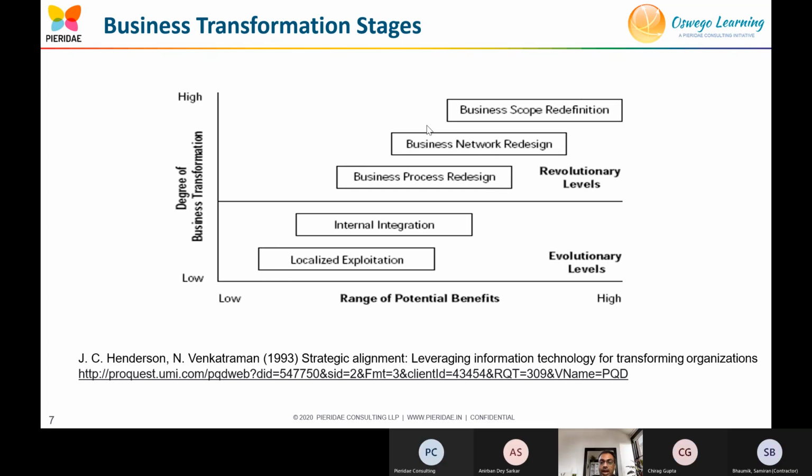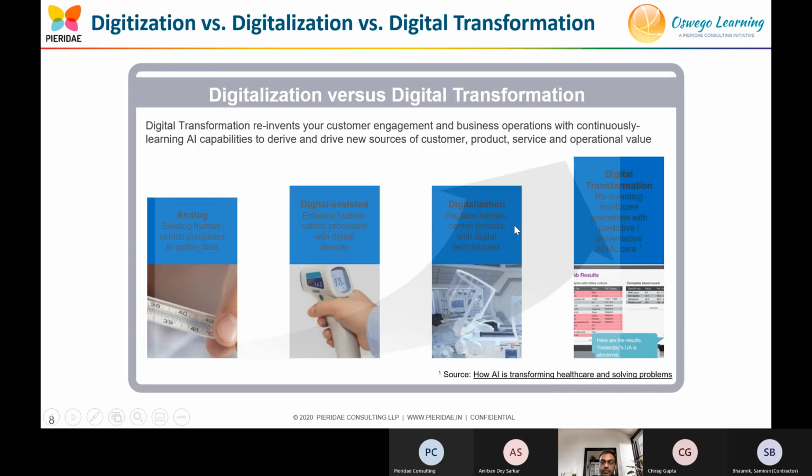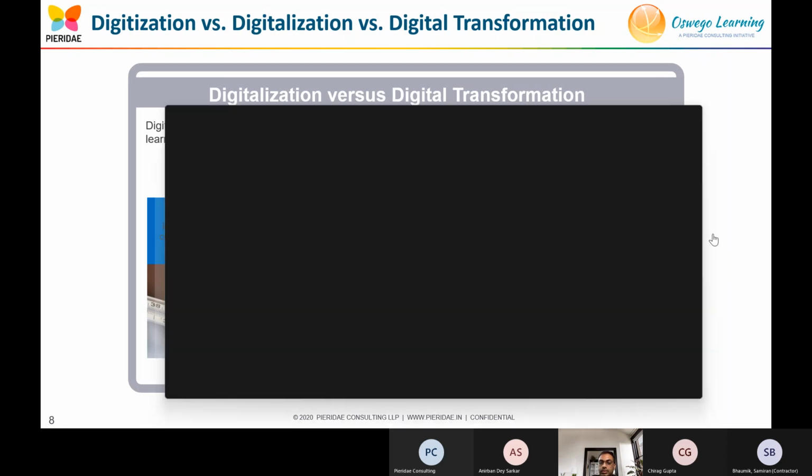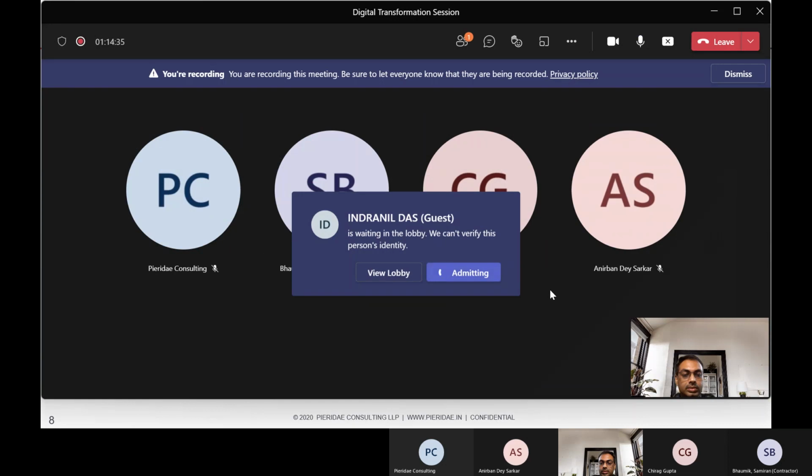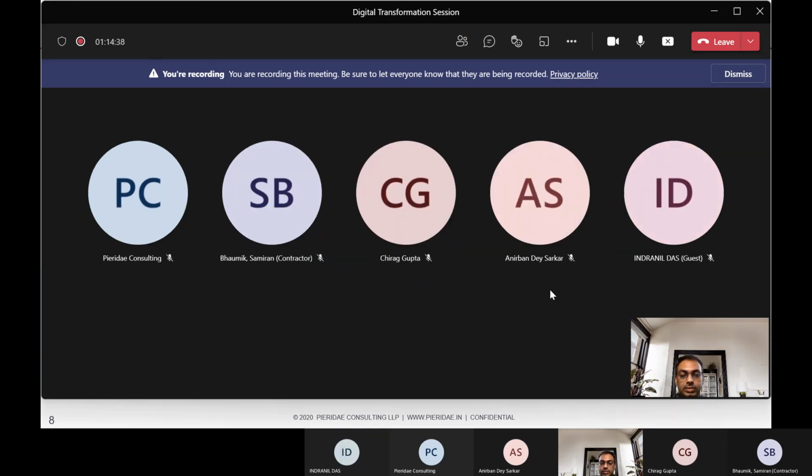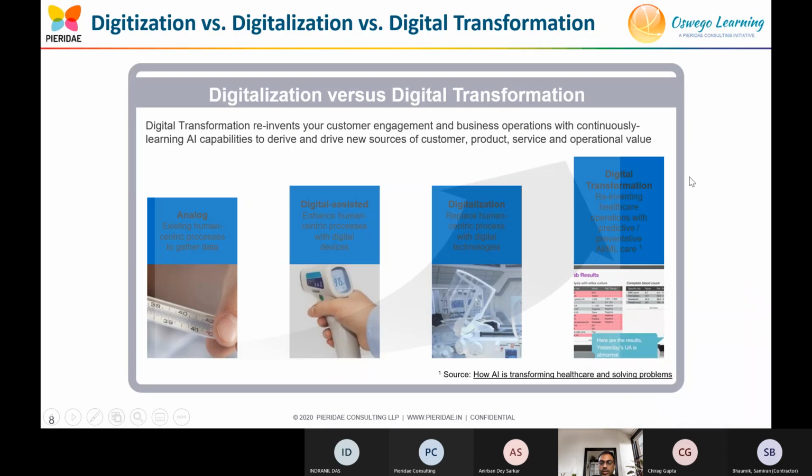But some name should be there, right? What are these transformations? Let us see.